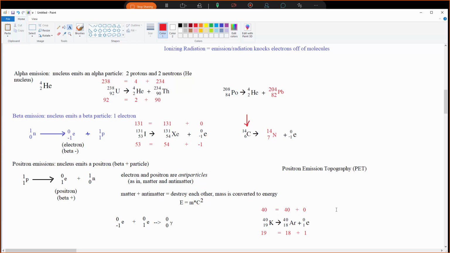Then they'll administer a positron emitter that will go in the brain, and then they'll scan for activity, right? So if this particle makes it into that section of the brain, then the blood is getting there and there's probably activity there, right? But if it doesn't, then there's not any activity in that part of the brain. There might be damage there, if that makes sense. So that's what a PET scan does.